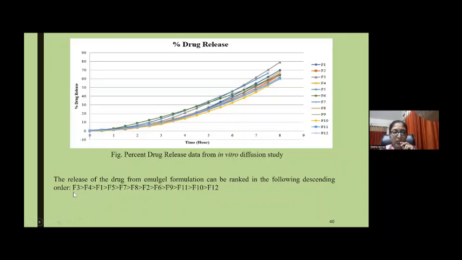F3 is having menthol as the penetration enhancer and xanthan gum as the gelling agent.